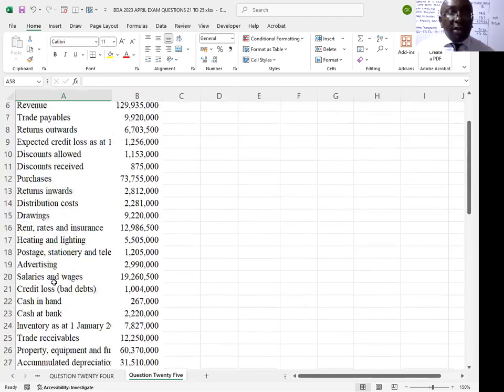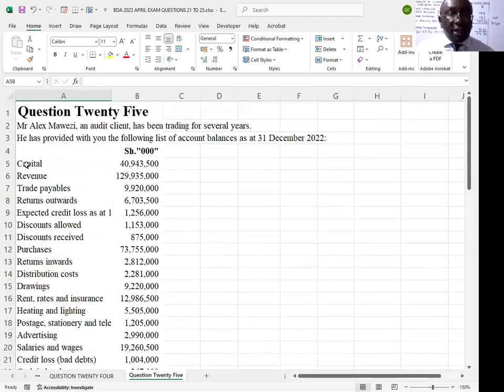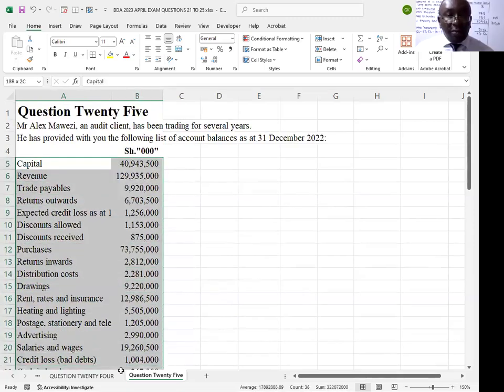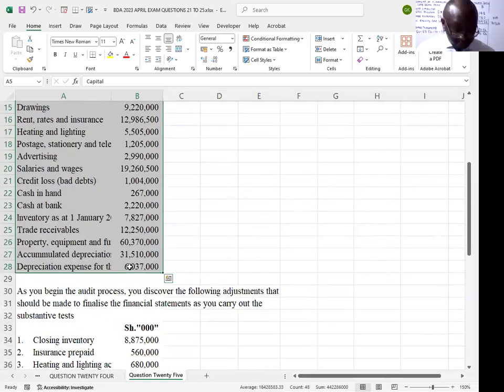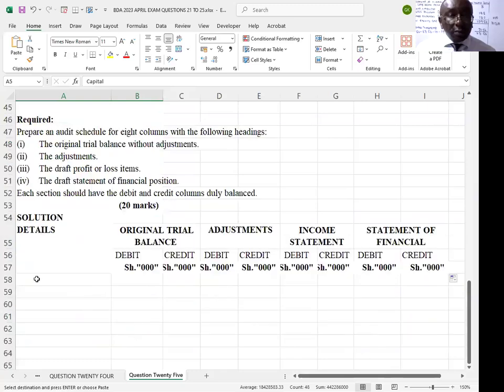But before then, let's come here, take these items, and copy them this way up to here. Copy, come and paste there.